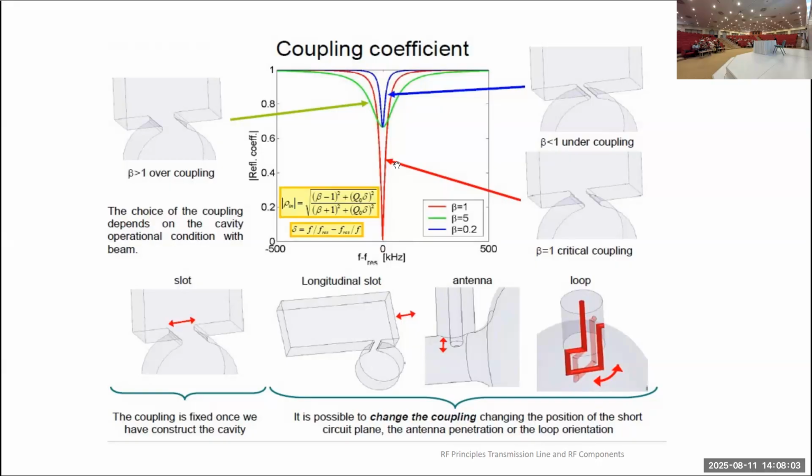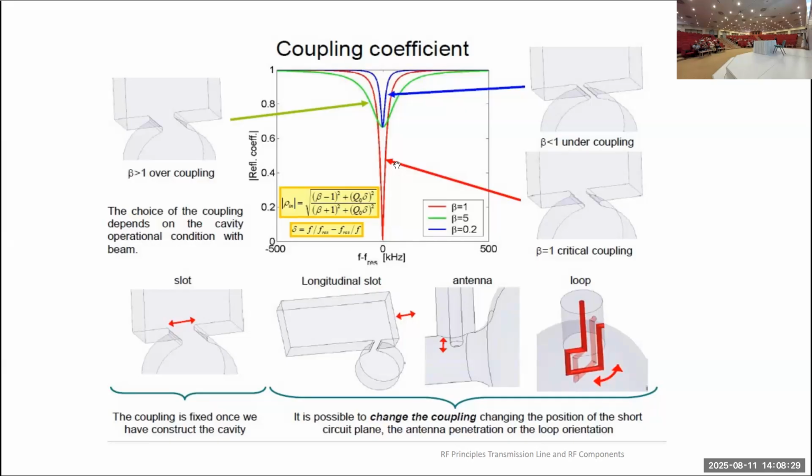What are their disadvantages? Generally, when we are coupling RF to an accelerating structure, especially when this accelerating structure is a standing wave structure, we use an almost undercoupled scheme. Because when our beam is loaded, this coupling becomes critical.